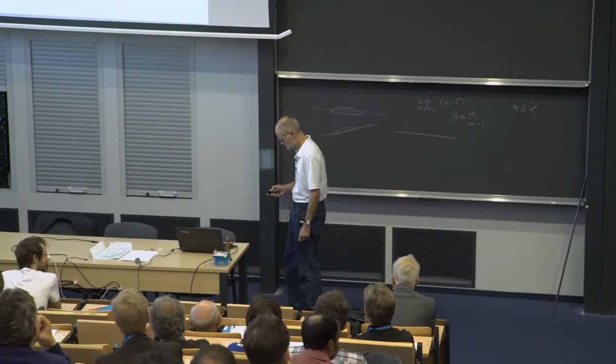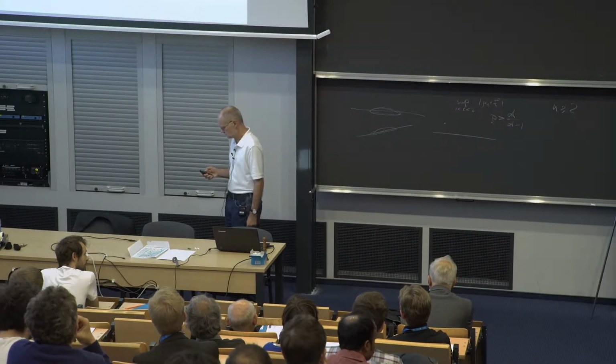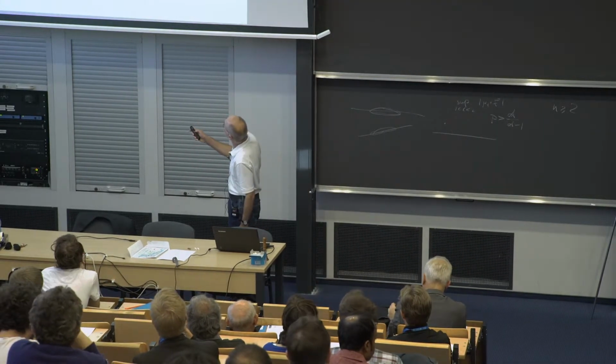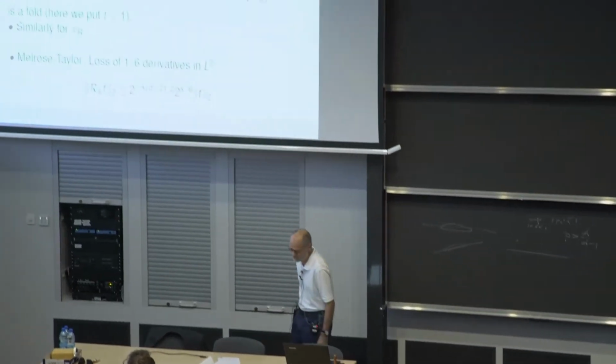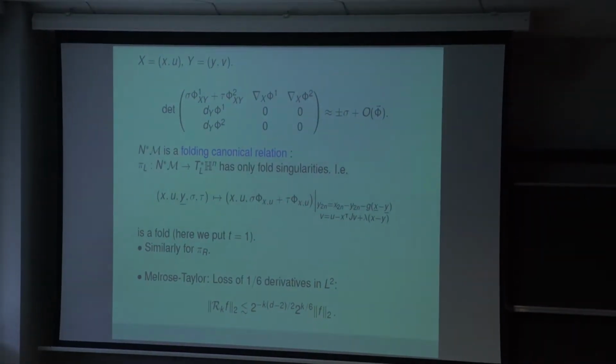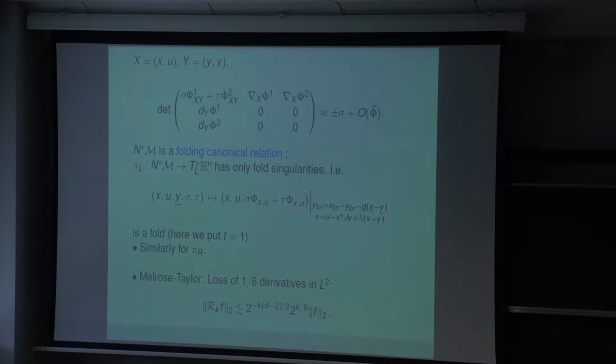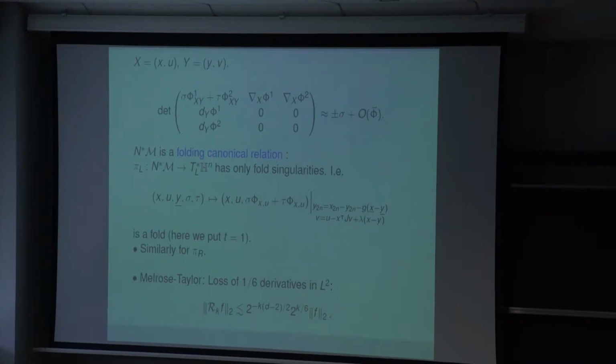Let's see what this condition is, which is a standard condition in the theory of Fourier integral operators. A certain determinant of a big matrix ought to be uniformly bounded below.